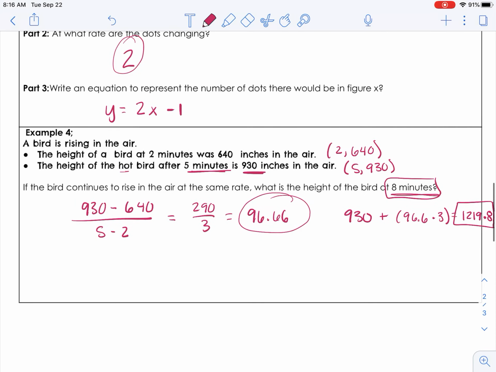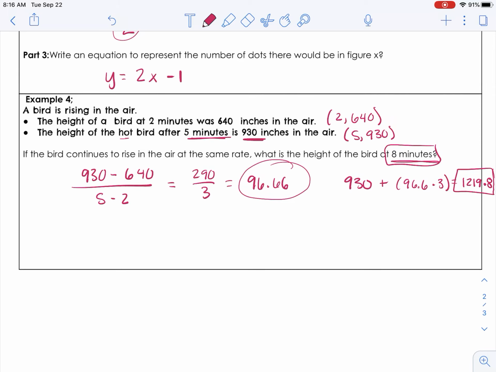But there's another way to do this as well. I'm going to show you both ways because sometimes that number will be a lot bigger. If it said 20 minutes, we don't want to add 96 15 times. That's a lot. You could, but there's another way. I'm going to do it in a different color. We could generate our equation. We know that y equals mx plus b is our y-intercept form.